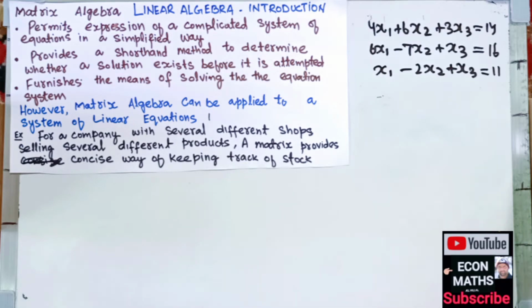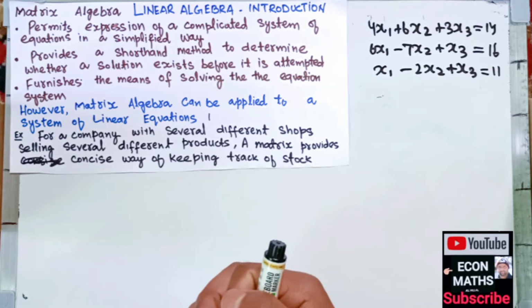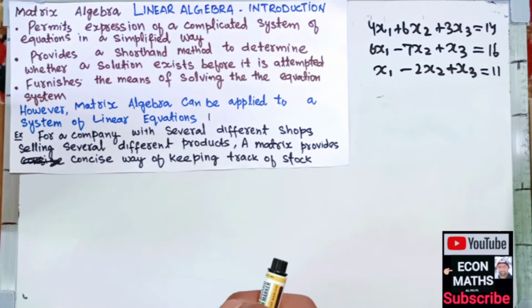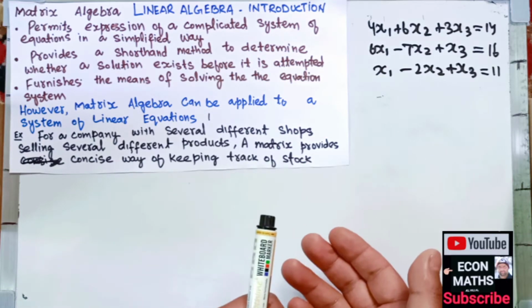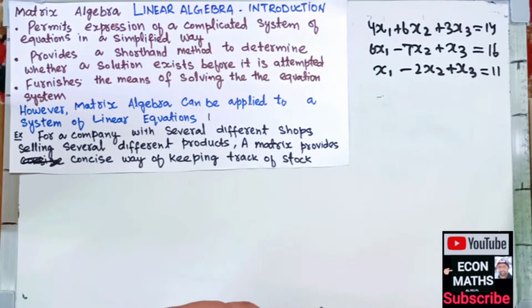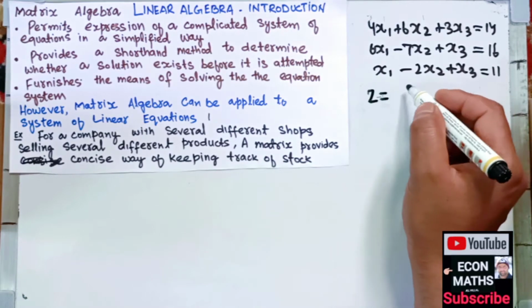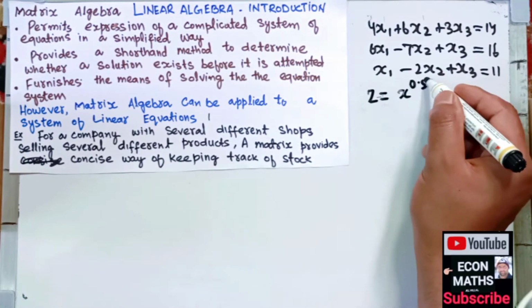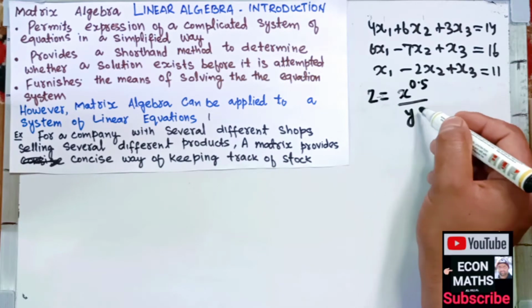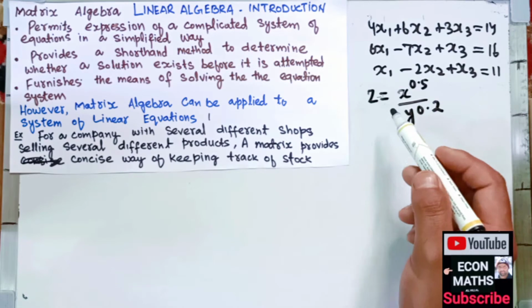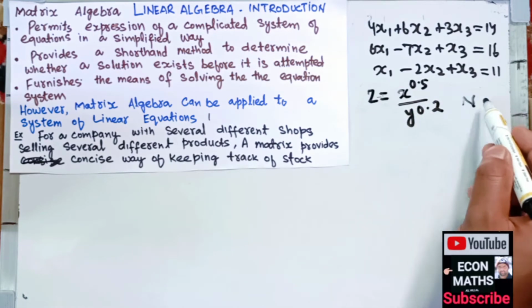there are many economic relationships that can be approximated by linear equations, and others can be converted to linear relationships. Thus this limitation can be averted easily. That is to say, if we have a non-linear function, that is z is equal to, let us say, x to the power 0.5 divided by y to the power 0.2, now this is a non-linear function.